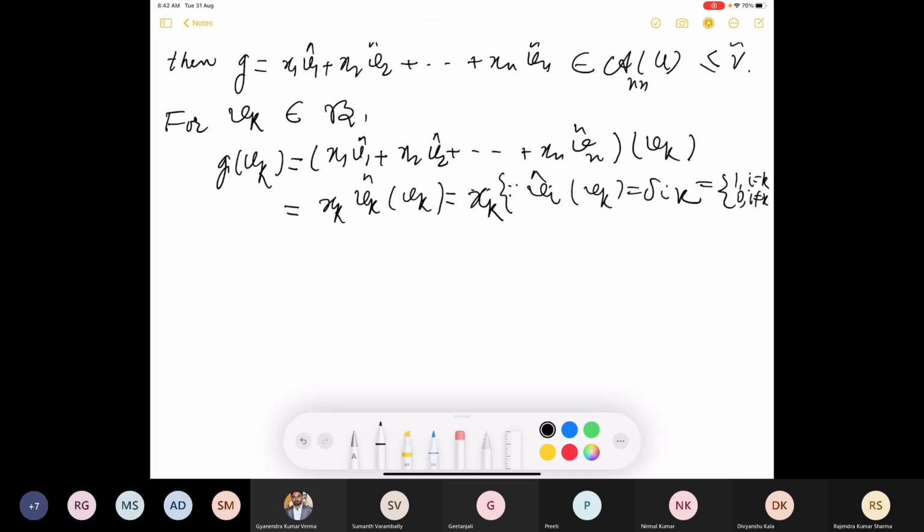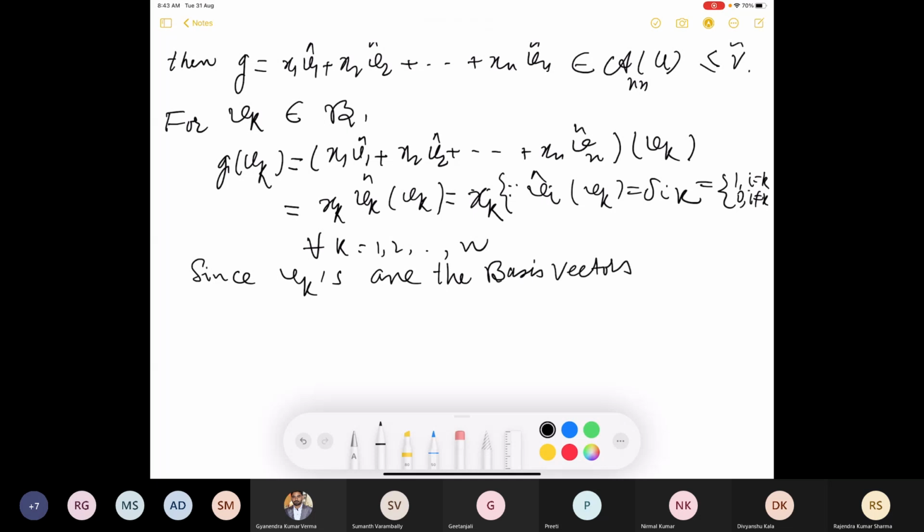Nice. So each vk is annihilated, for all k from 1 to n, and since the vk's are the basis vectors, what we get is that G belongs to the annihilator.